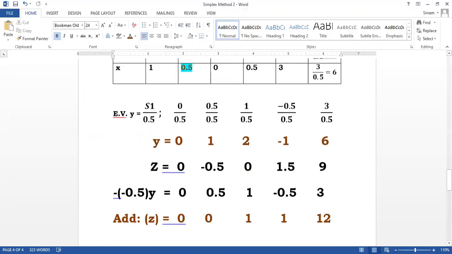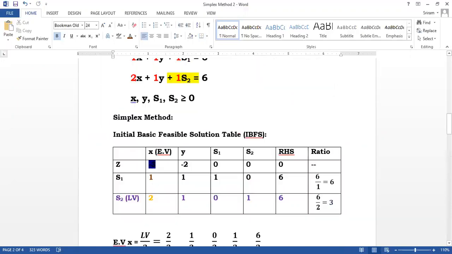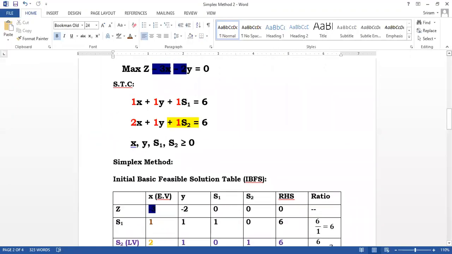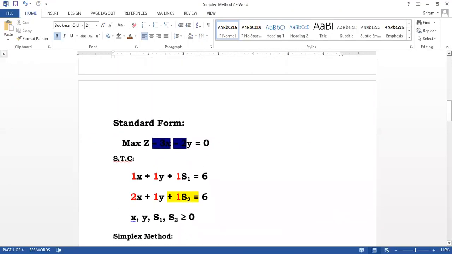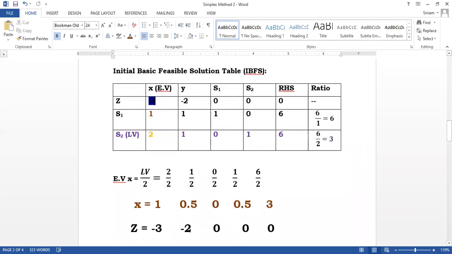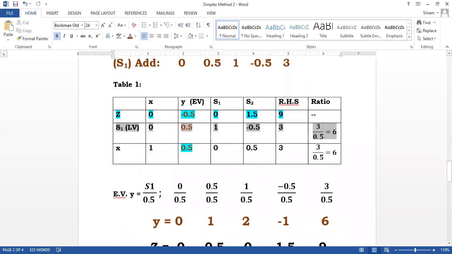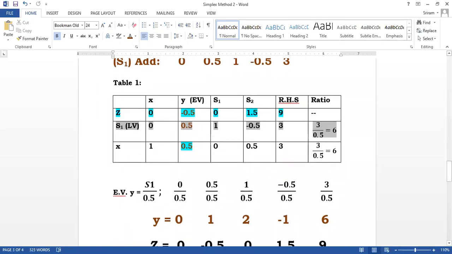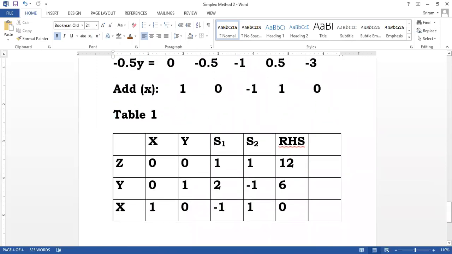So what did we do? We took the maximum problem, converted it into standard form, and then formed the initial basic feasible solution. Then we found table 1. Again in table 1, as we found a minus value, we went to table 2.